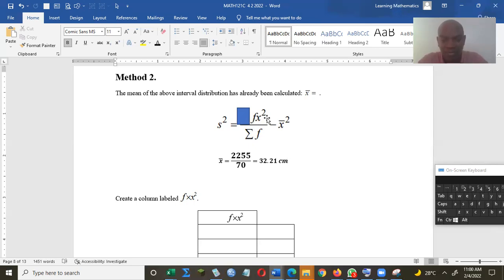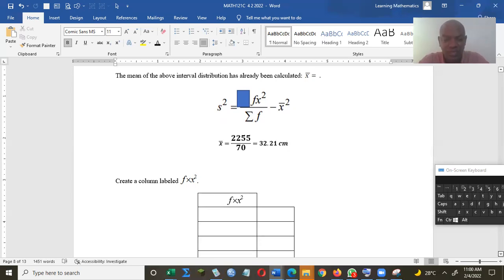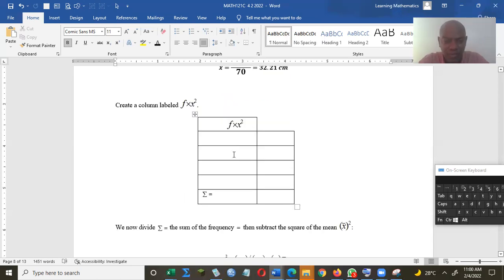We have to find fx squareds. So you create a table called fx squared, and we're going to find some fx squareds to add them up. How do you find an fx squared?